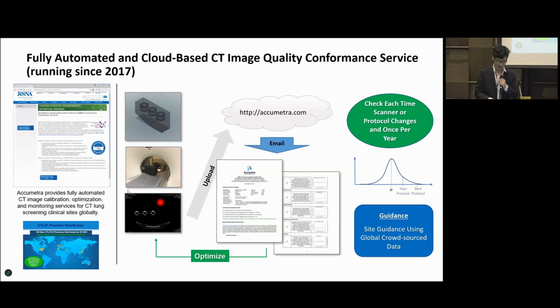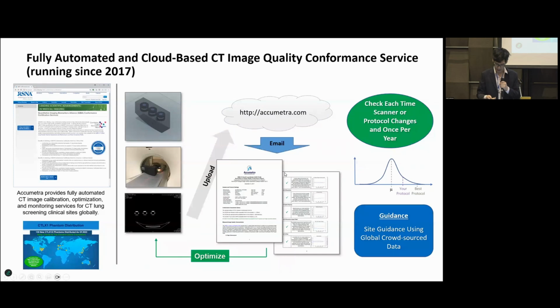And based on this, you would scan the phantom, upload these acquired images to his service, and you would get a report back with very easy to understand results. And it would tell you whether your scanner and your protocol meet various metrics, including bias and resolution.